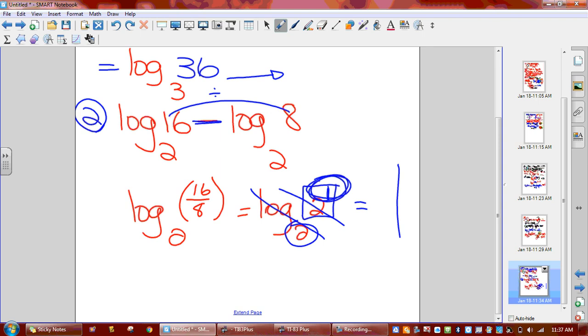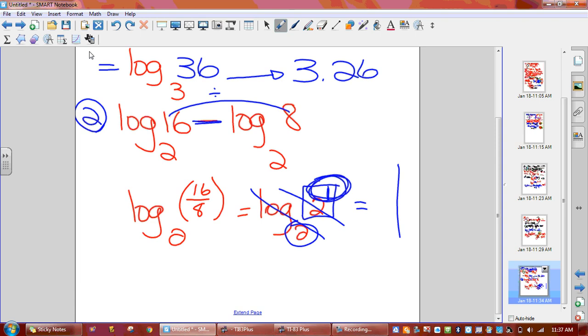The first one, log 36 divided by log 3, what do we get? 3.26. Thank you very much. All right, let's take a look at our third law. The third law, we're going to put some powers in there.